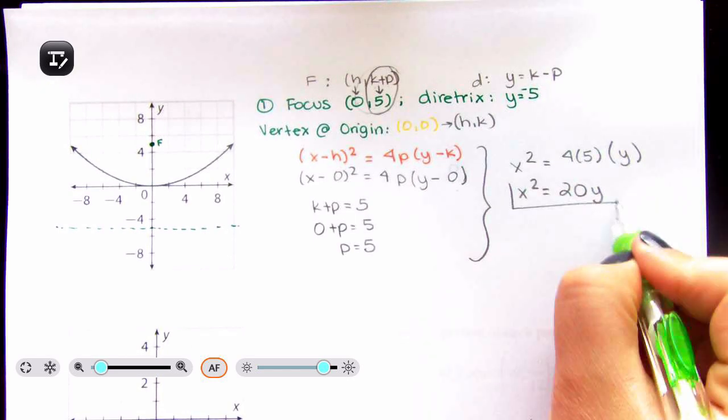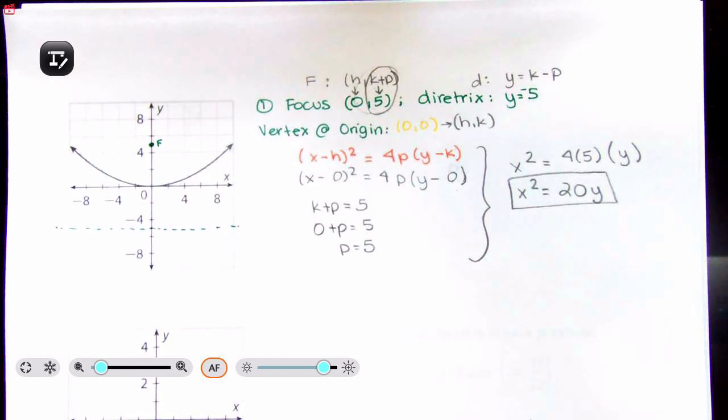Now, sometimes what you're going to see is the standard form of the equation without the x squared being equal. So what I mean by that is, you know how regular equations typically start with y equals?